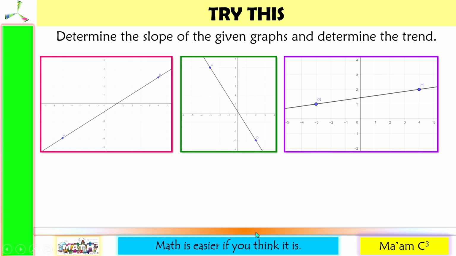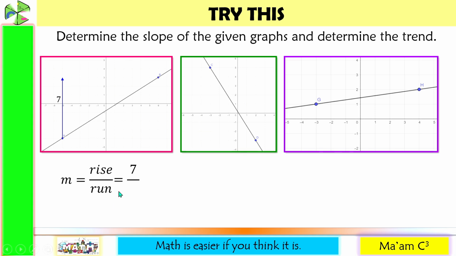Let us try this. Determine the slope of the given graphs and determine the trend. Again, slope is equal to rise over run. So starting from this point, going up, that would be 1, 2, 3, 4, 5, 6, 7 units. So our rise is 7.